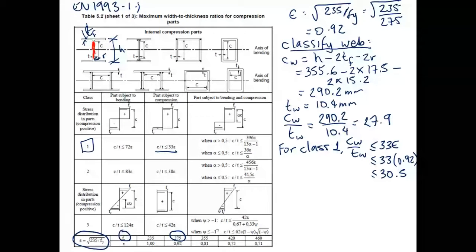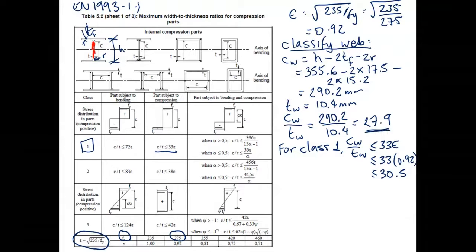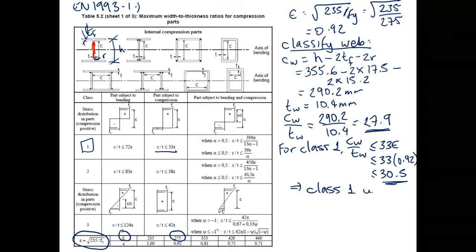So our C over T ratio is 27.9. It's less than 30.5. So that implies class 1. Okay, so it's a class 1 web.